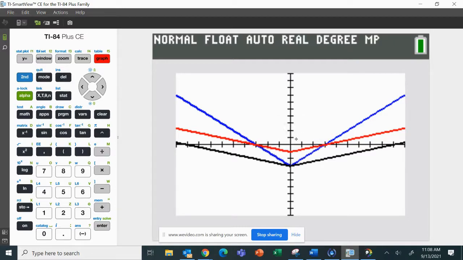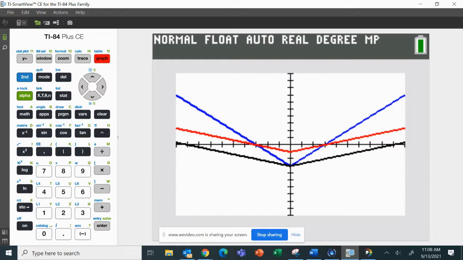Because it's not starting in the middle, we have to think about both the top and the bottom kind of shrinking, getting more horizontal, which is why the red is the correct answer. The black one here, the arm's just open, but it's not changing its entire graph vertically. It's only changing how wide it is.